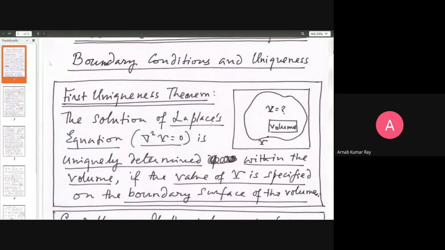So far, in all the examples we have worked upon, we have talked about only a one variable dependence. As soon as you talk about dependence only on Z, say, you are confining yourself to only one coordinate axis. Or in the other cases as well, s phi z or r theta phi, you're confining your attention only to one coordinate axis.